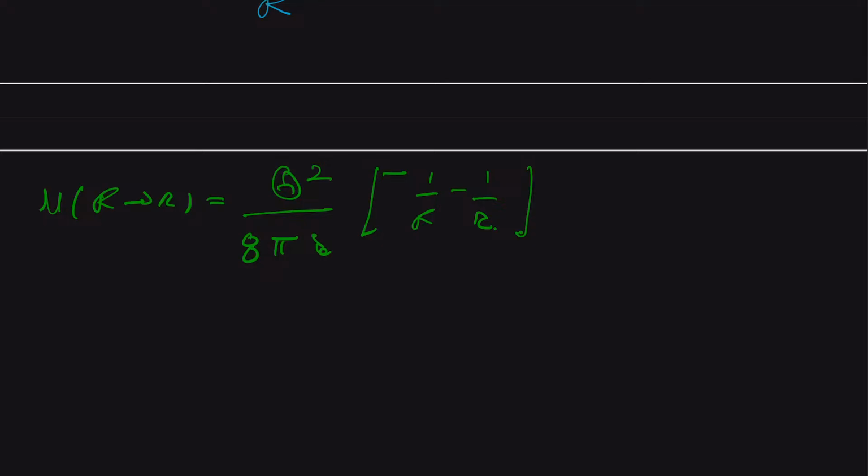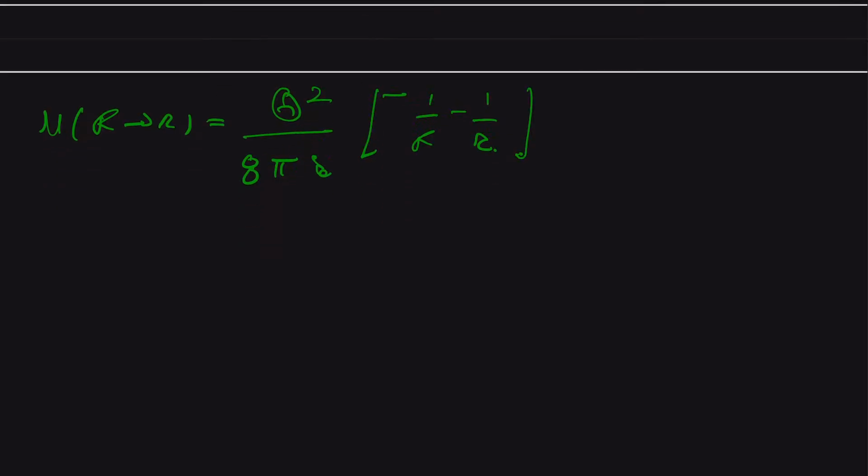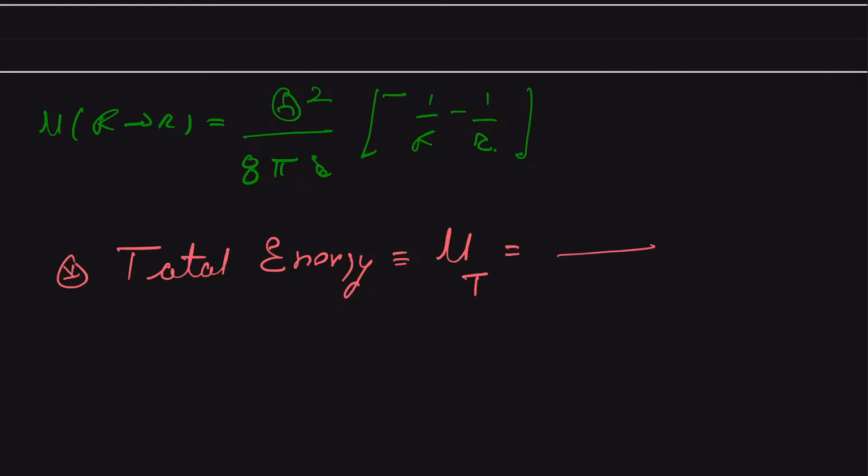And so you can see that our total energy, let us call this U total, will be equal to q square over 8 pi epsilon naught times r.